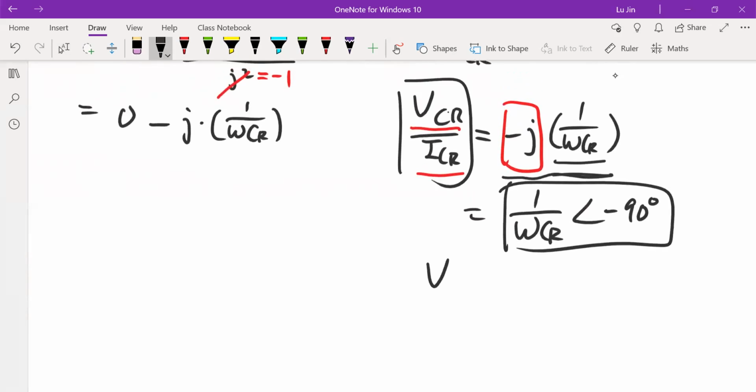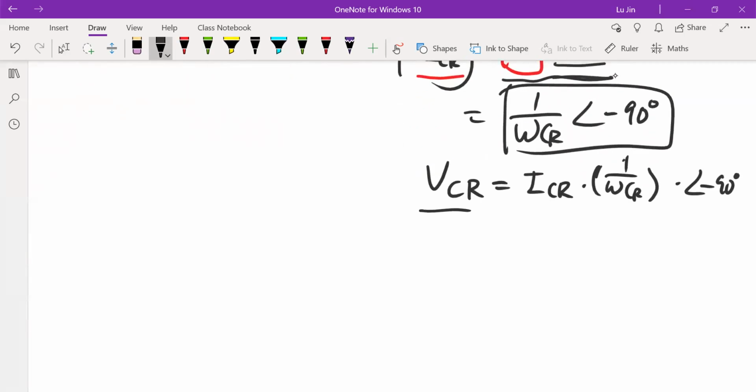Such a relationship is equivalent to V_CR, the voltage of the capacitor, equal to the current of the capacitor multiplied by some magnitude with negative 90 degrees. What's V_CR? V_CR is the voltage of the capacitor, but this voltage is a vector.